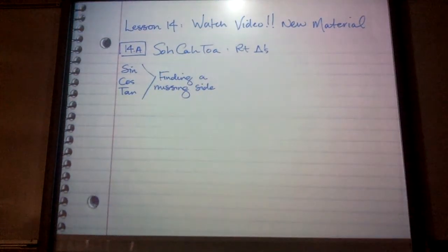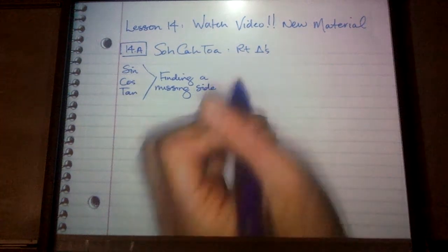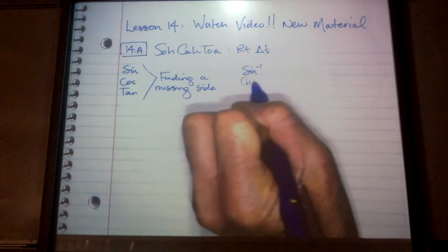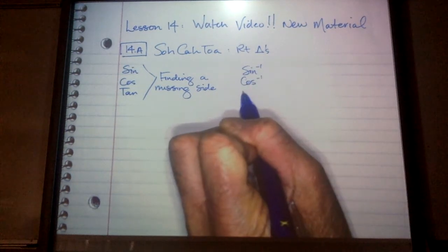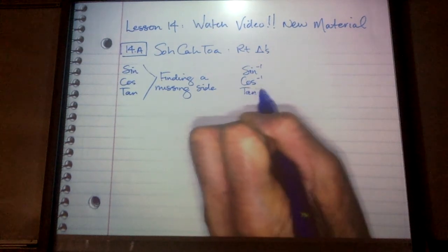Now, sine, cosine, and tangent also have inverses. So we have the inverse of sine, or sine -1, cosine -1, or cosine inverse, and tangent inverse.